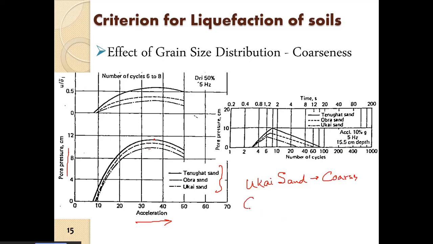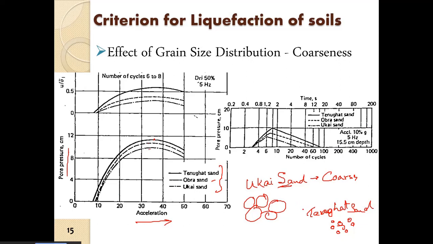Right, so the particles are big. Then we can say it is the Obra sand, which is in between, and then we come to the Tenukhat sand. The particle sizes are small, so it is finer than the Ukai sand. Of course, how fine, I leave it to you. You can go and study that in detail.